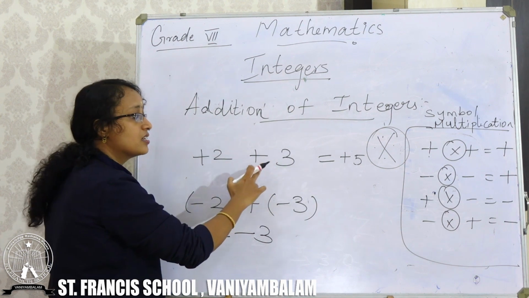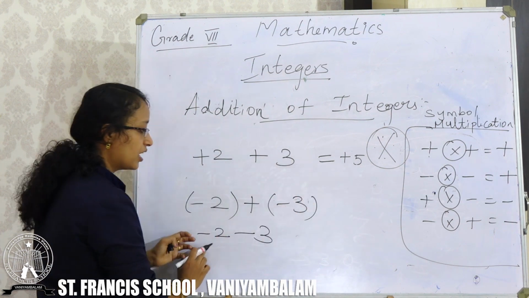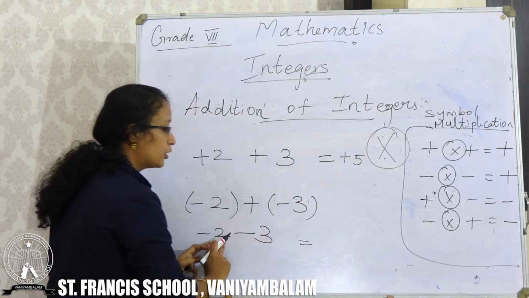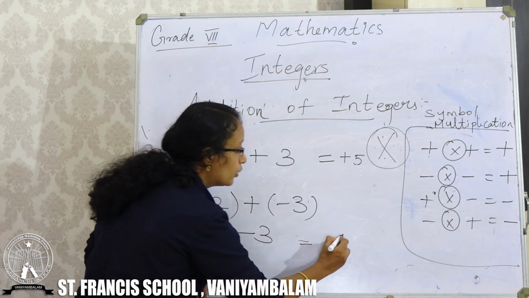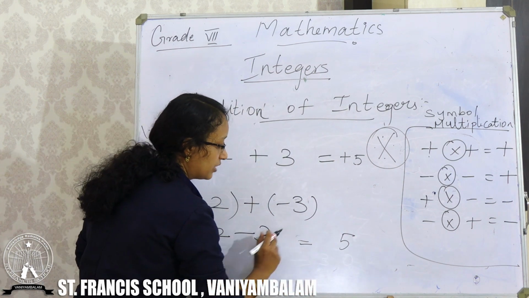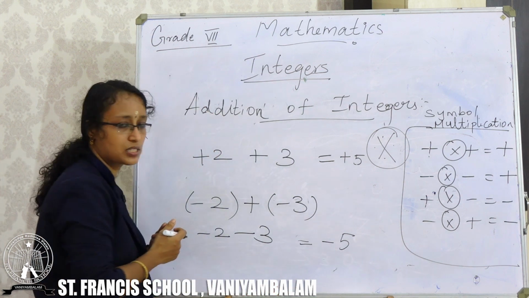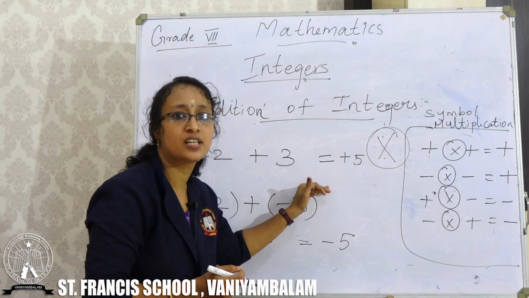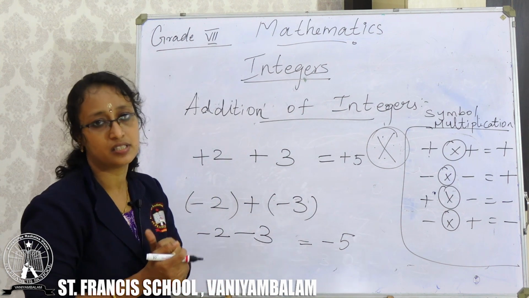Here you have the same symbol, minus minus. Add it. 2, 3. If you add, you will get 5. And greater number is 3. 3's symbol is minus, so minus 5. Got it? So, addition of two positive integers and two negative integers.